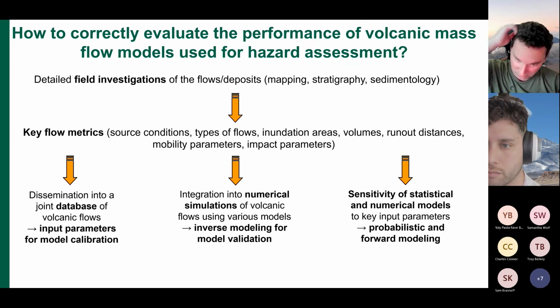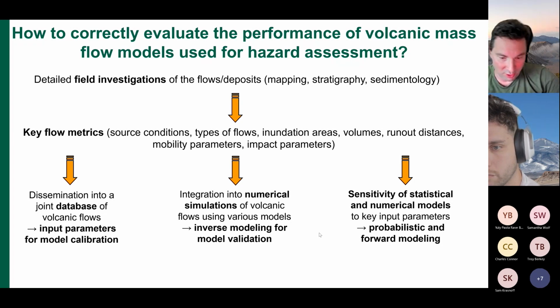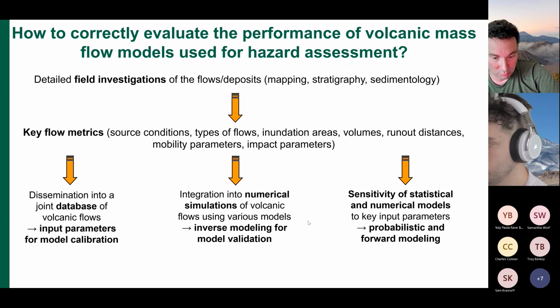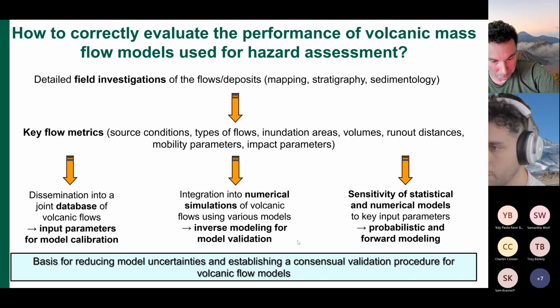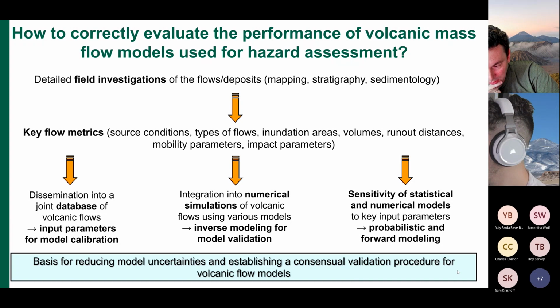But I know some modelers tend to forget the second step here and move directly from the observation to the probabilistic or forward modeling, which could be problematic because then you don't actually validate your model. You're not making sure that your model can actually do what you claim it can do. So all this is to try to reduce model uncertainties and establish a consensual validation procedure for volcanic flow models.